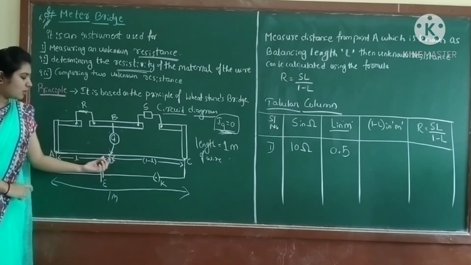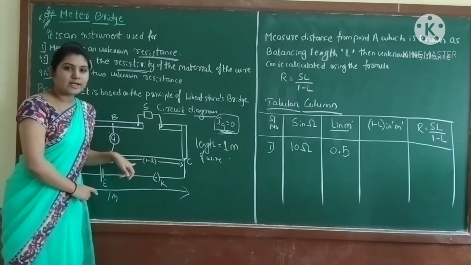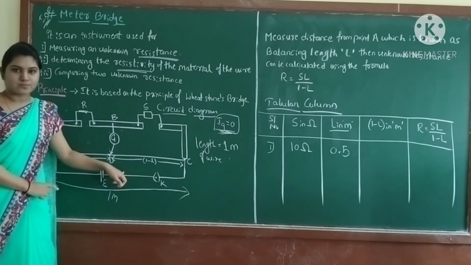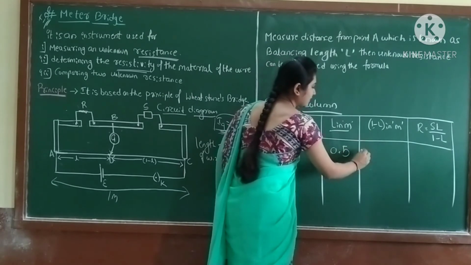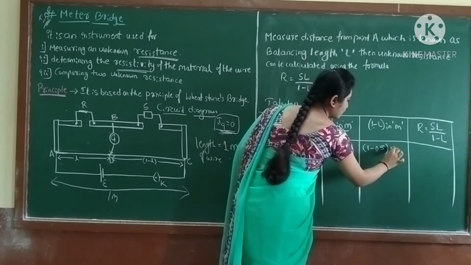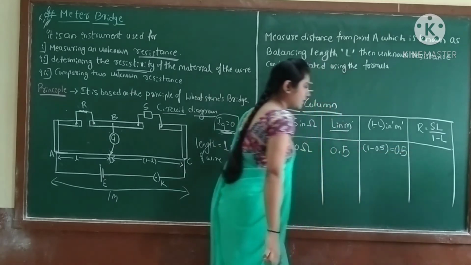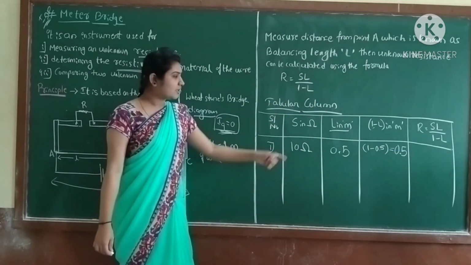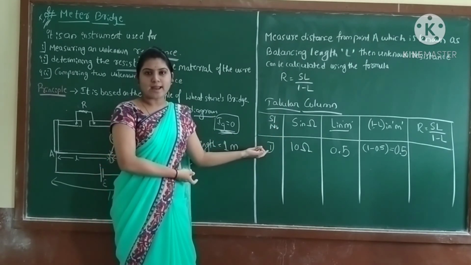Correct? So if this much we are calculating, of course we have to calculate 1 minus L also. What will happen now? 1 minus L means 1 minus 0.5. How much we are getting? 0.5. Right? You will write the tabular column while doing the experiments. Same only I am doing here.